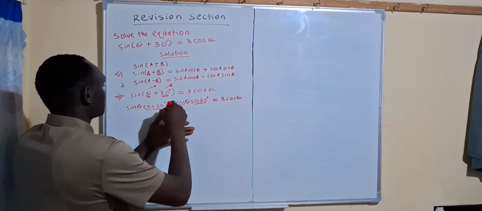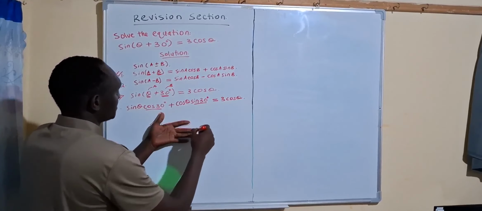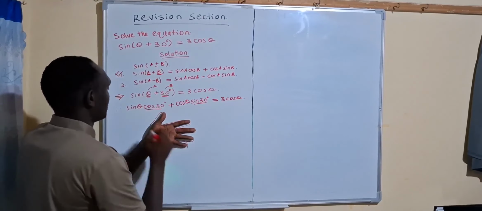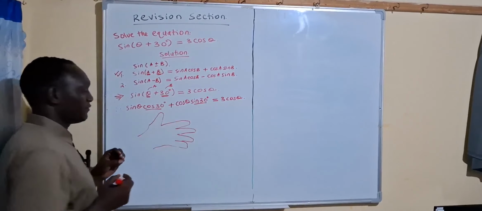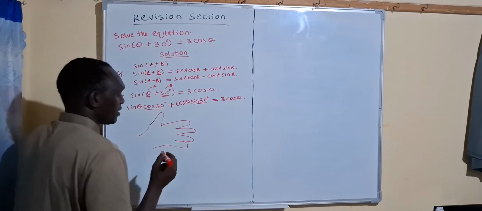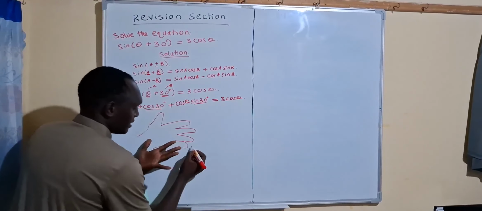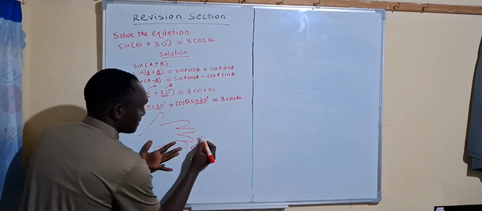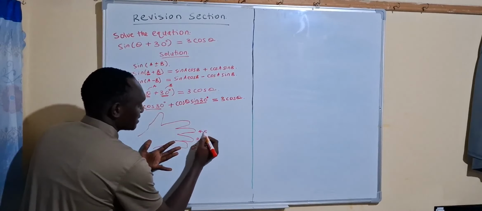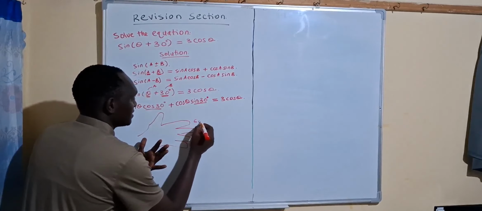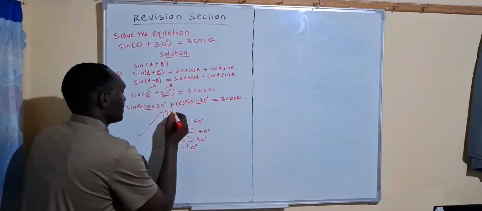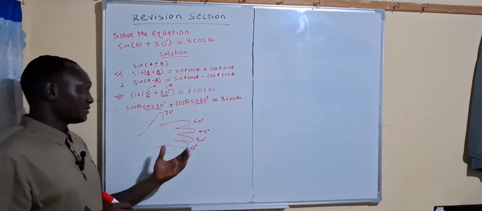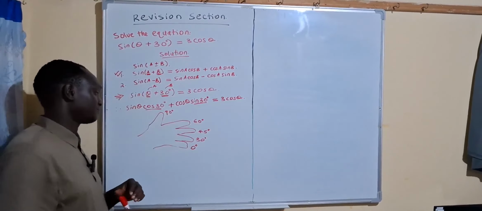If you have your fingers in this format, we have designated them so that this is 0 degrees, this is 30 degrees, this is 45 degrees, this is 60 degrees, and this is 90 degrees. Why? Because these are the standard angles.